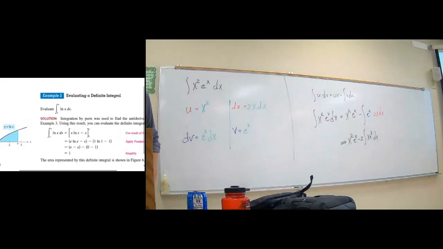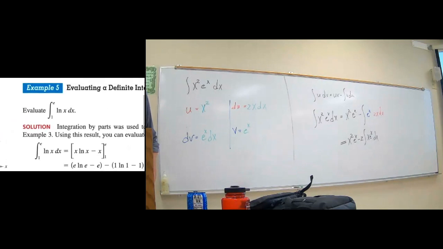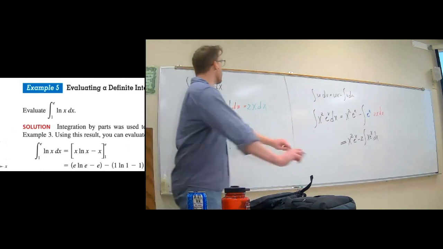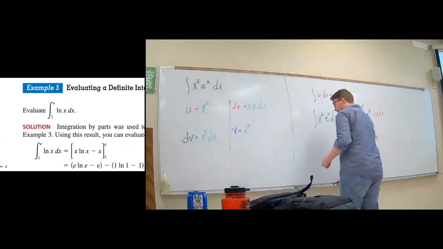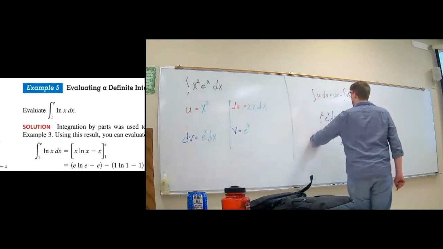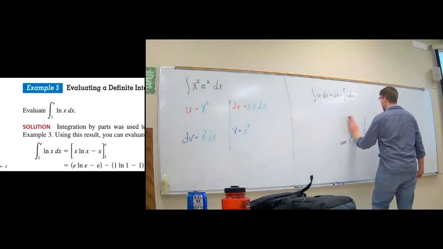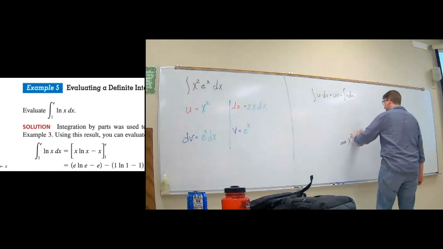Now, what about when we want to apply it to a definite integral? Well, we're going to just say, cool, apply by parts and pull out your bounds. So in the event that we change this a little bit and we say, I want to put bounds on my integral, so I have a definite integral.